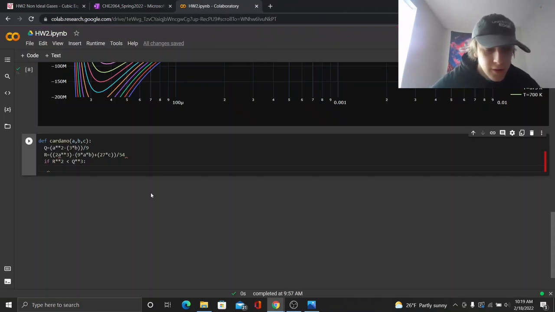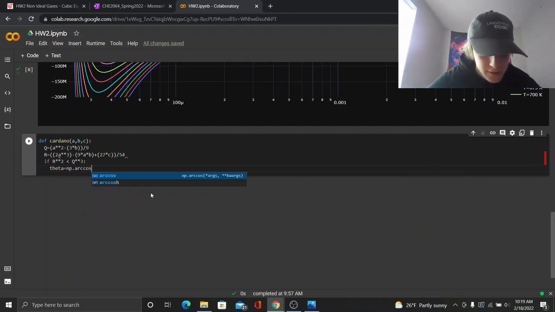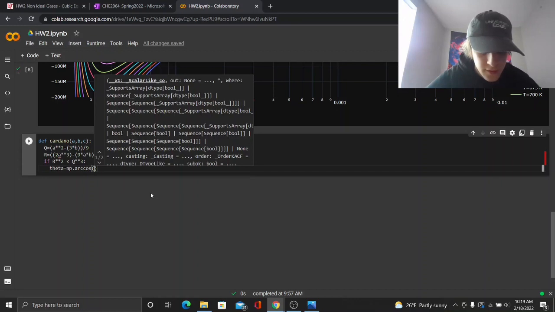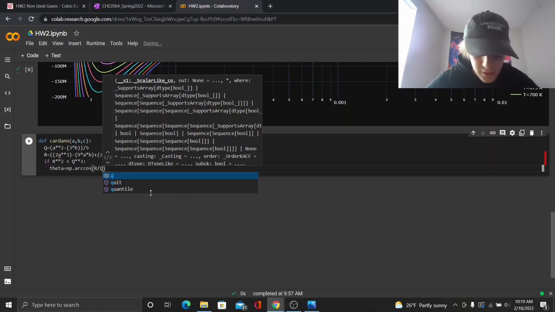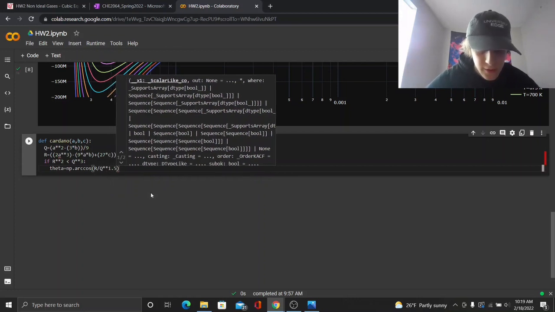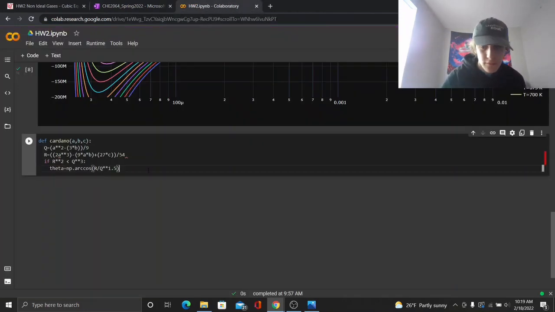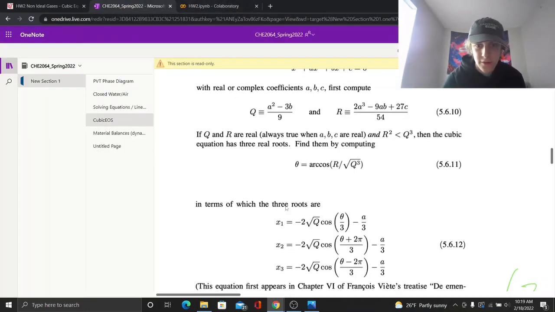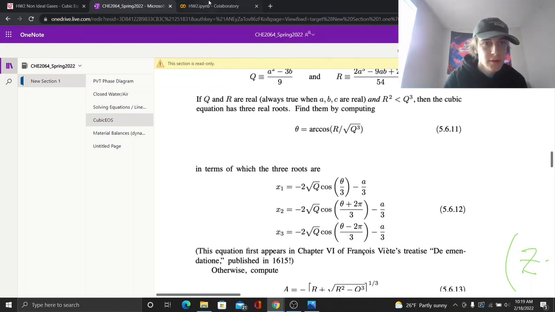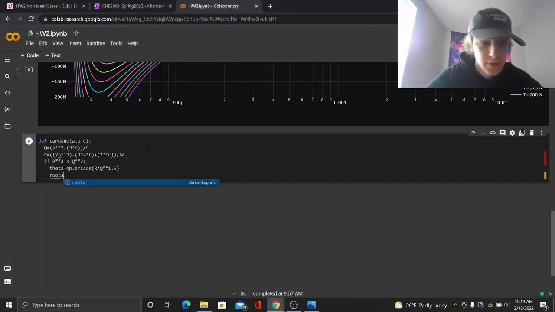theta equals numpy arc cosine of R over Q to the 1.5. And then our roots equal these formulas right here. So our roots, and we can just make this an array of the roots.